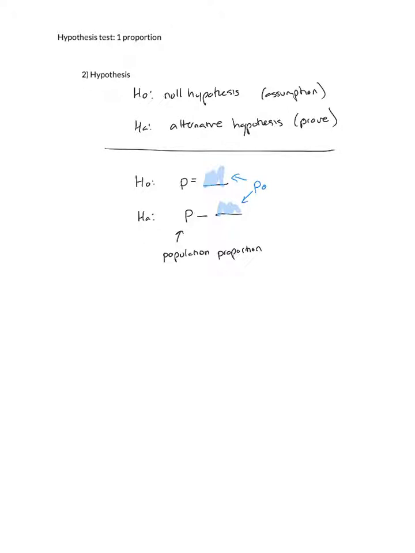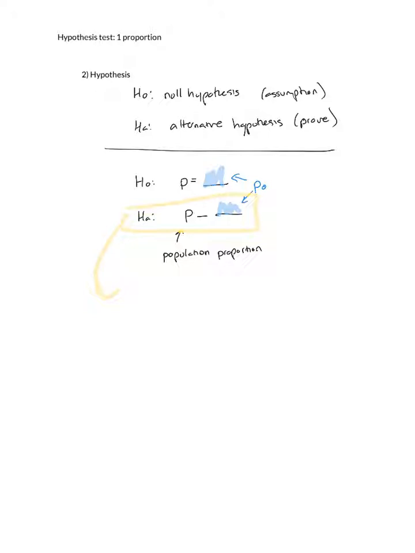For the alternative, we'll still put P naught over there, but we're not trying to prove that it's equal. We're trying to prove maybe it's greater than, or it's less than, or later on it's not equal to. So for our null hypothesis, we have equal to, but for our alternative here, we write it slightly differently.